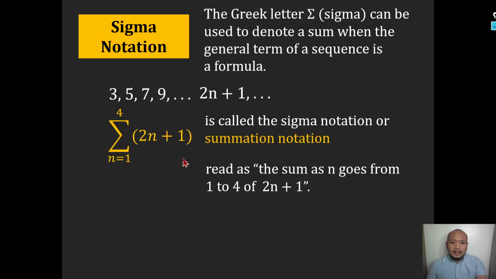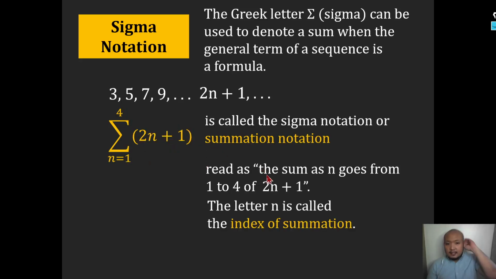Again, ang basa natin dyan, the sum or the summation as n goes from, tingin sa baba, 1, tingin sa taas, to 4 of the expression 2n plus 1. Again, si n yung index of summation. Ibig sabihin, siya yung nagsasabi sa atin kung saan tayo magsisimula ng pagbilang. Pang ilang term ang ini-include natin. Again, ang domain pa rin naman talaga ng n ay natural numbers.